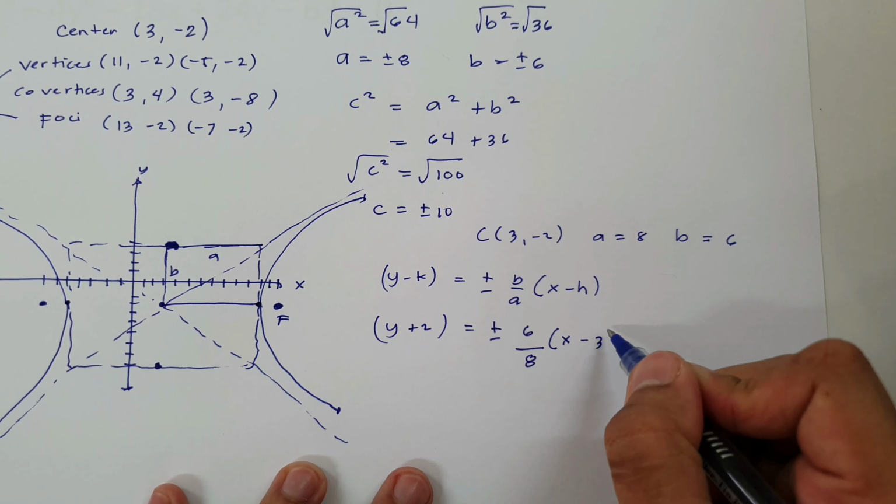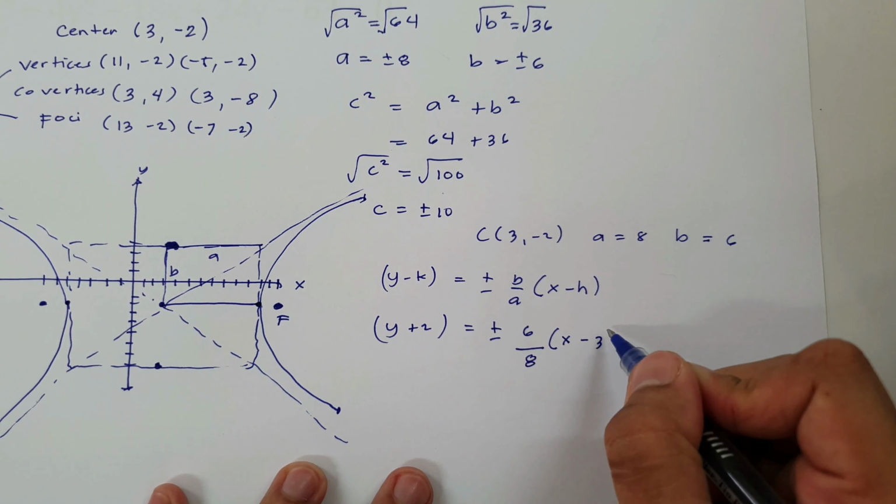To simplify our equation, we have y plus 2 equals positive or negative the simplest form of 6 over 8, which is 3 over 4, times x minus 3. So this will be the equation of the asymptote.